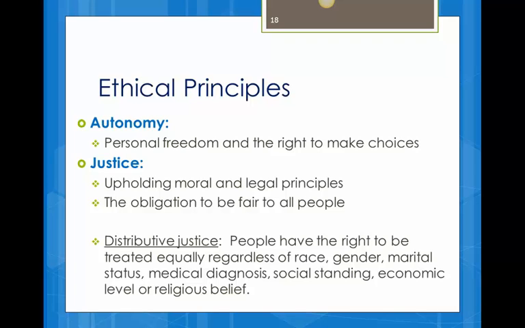There are very strict rules around organ donation and organ transplants, but this patient may or may not be deemed able to receive the transplant because of the non-compliance. The same is true for individuals who have severe liver cirrhosis because of alcoholism. They may be denied a liver transplant if they have continued to drink. So there are always limitations. For the most part, we want to ensure that we're being fair to all people and treating them all equally.